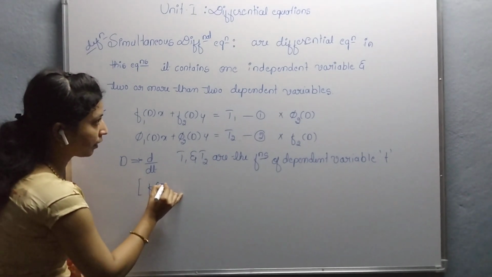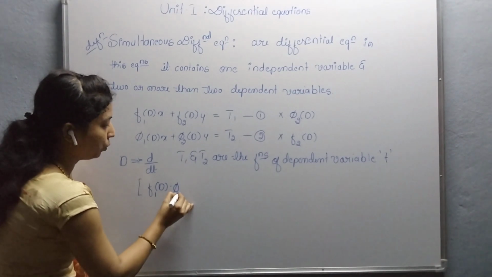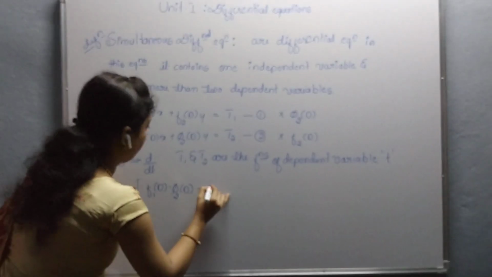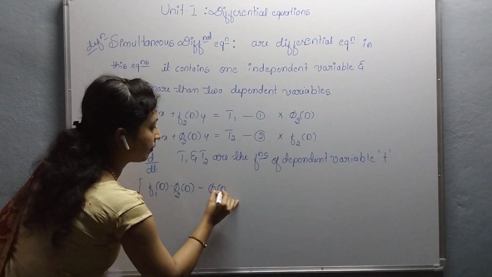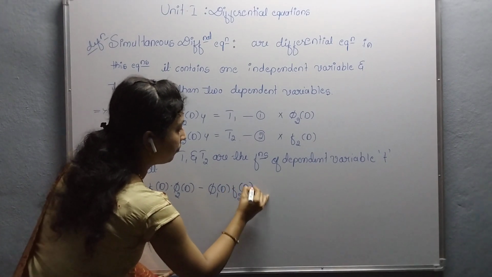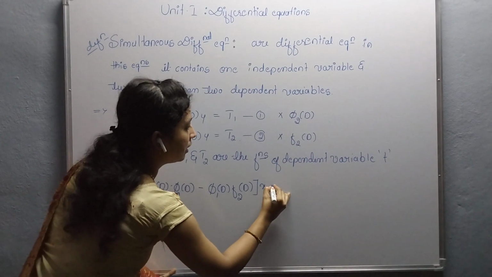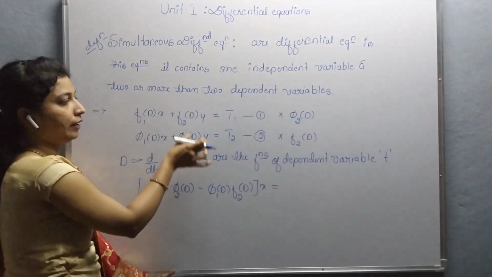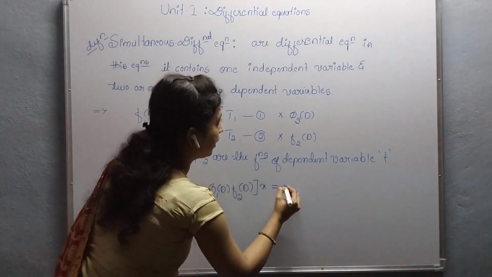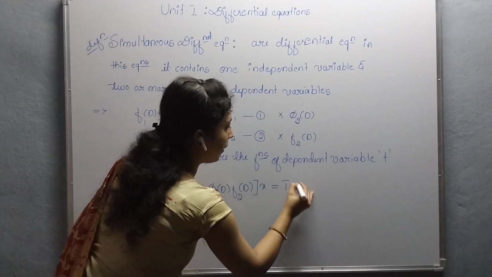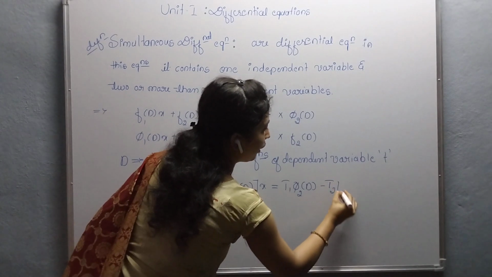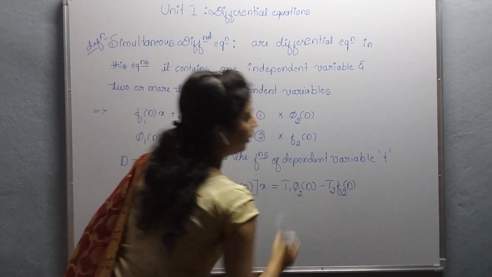So the equation we get is of the form (f1(D) phi2(D) minus phi1(D) f2(D)) x is equal to, because here the term y gets cancelled, the RHS contains T1 phi2(D) minus T2 f2(D).